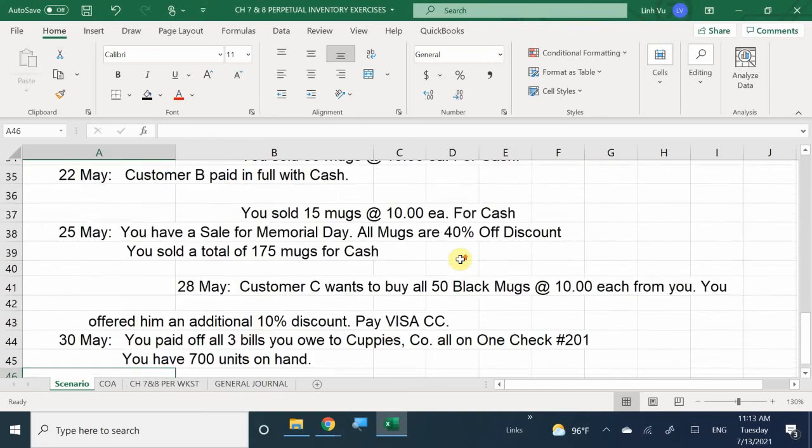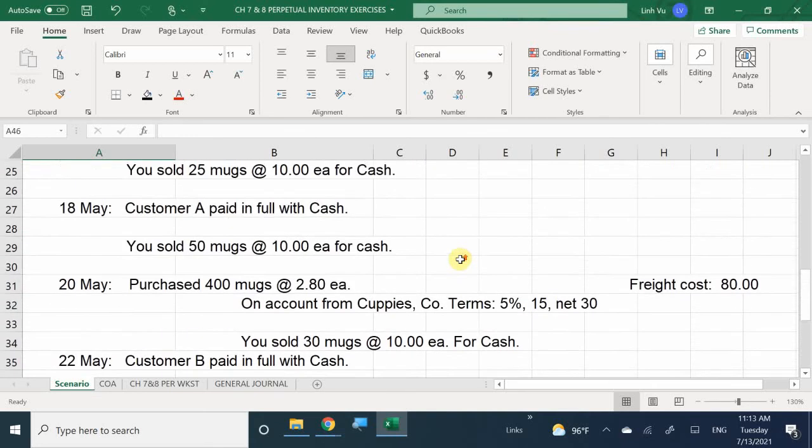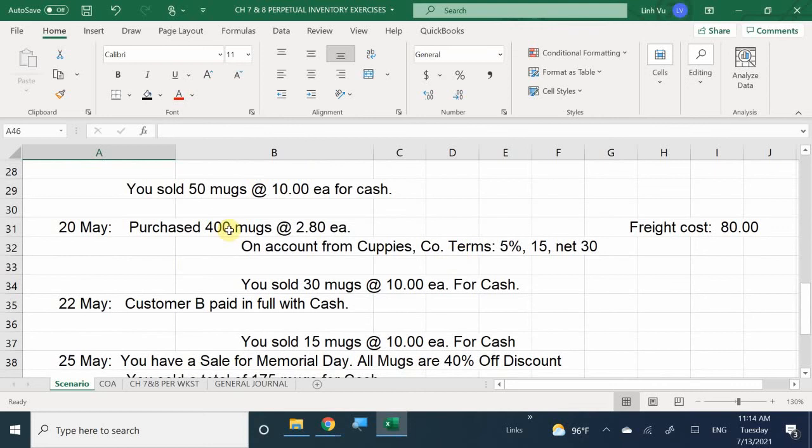Now let's take a look at my account on the 20th, okay? So if I purchased 400 mugs at $2.80 each, and my freight was $80, how much is my discount amount for? $56.